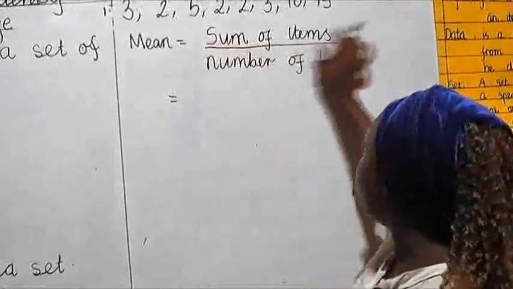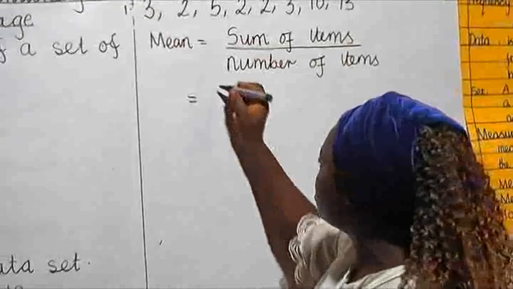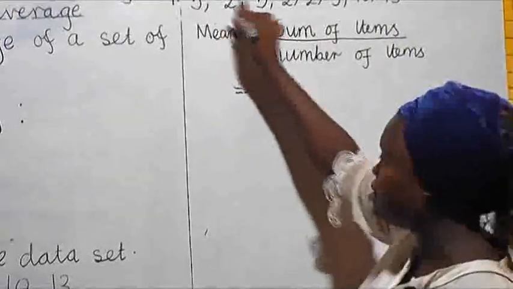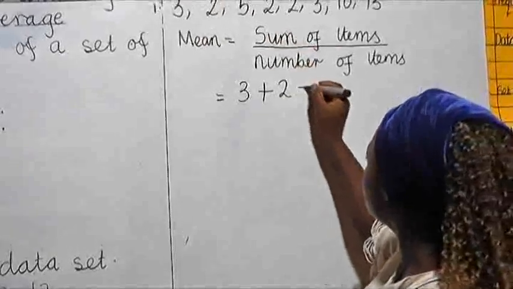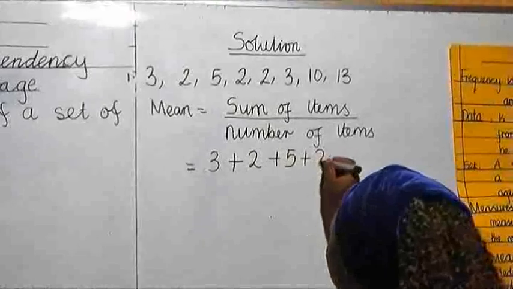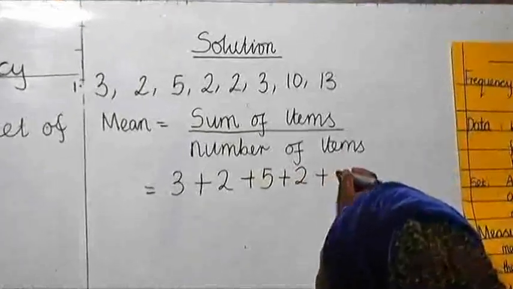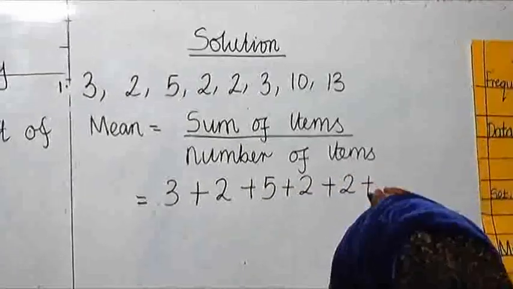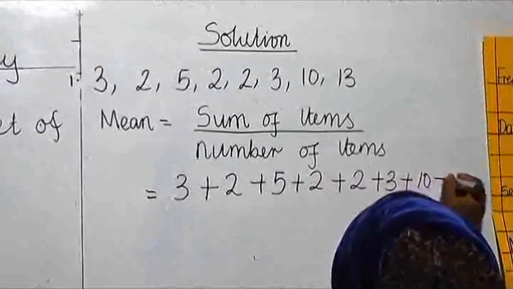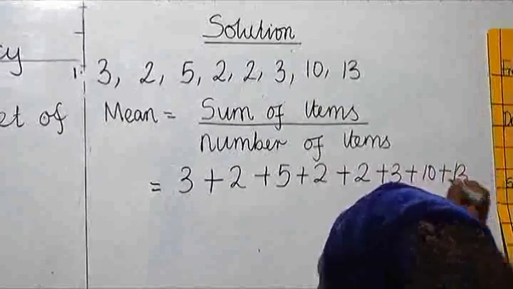Now we are going to sum all the items, that is 3 plus the second item, which is 2, plus 5 plus 2 plus 2 plus 3 plus 10 plus 13.